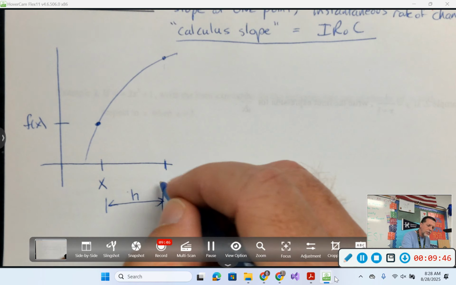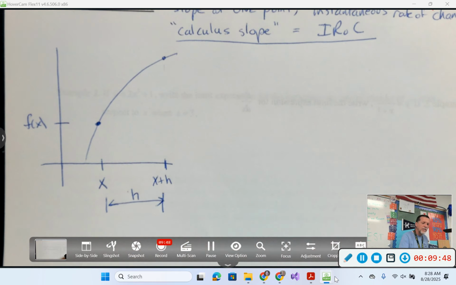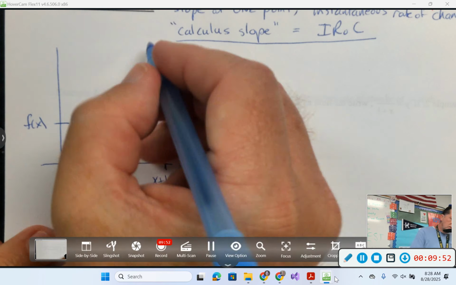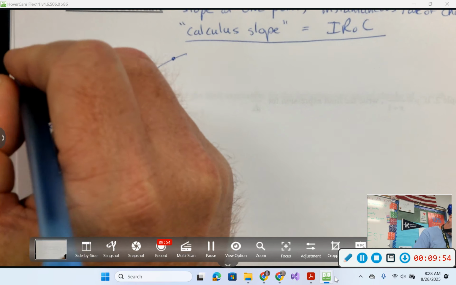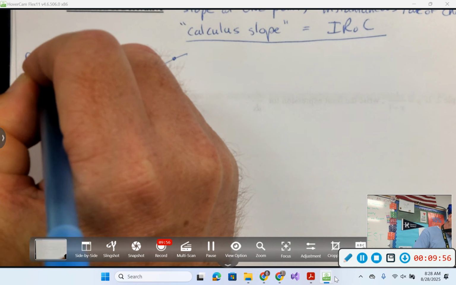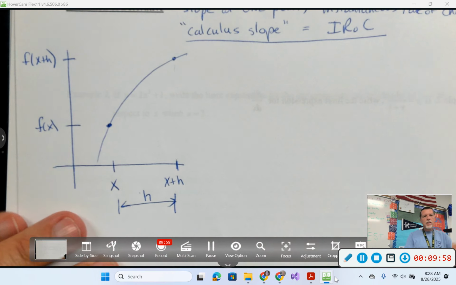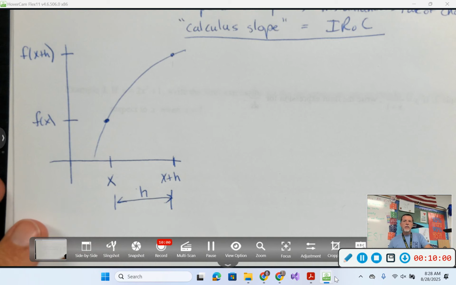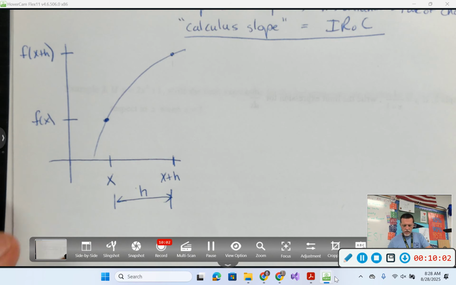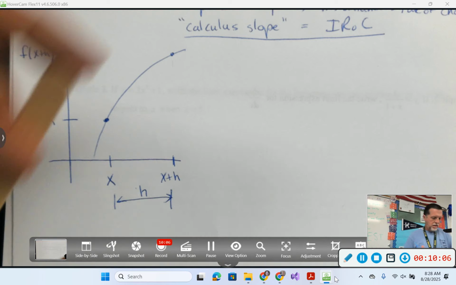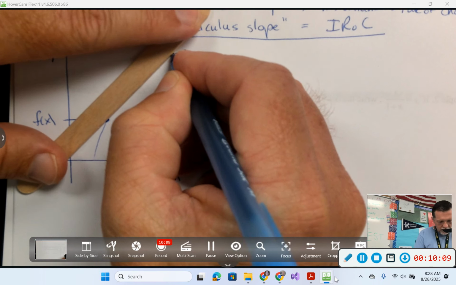So if we go h away from x, that means this is x plus h. And that y value would be f of x plus h. And that slope I can find. That's still an algebra slope, but that's better than nothing.